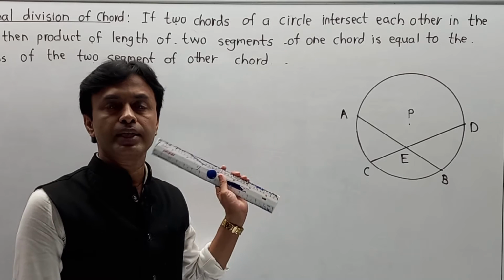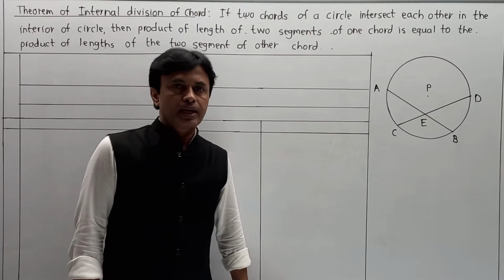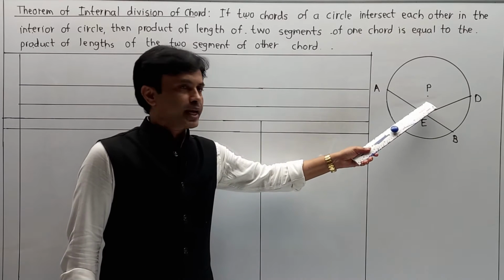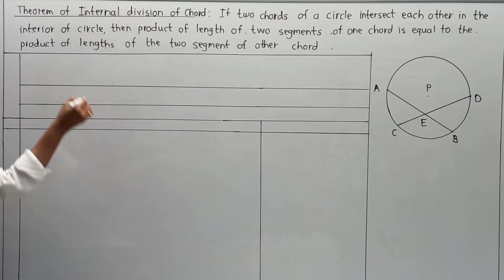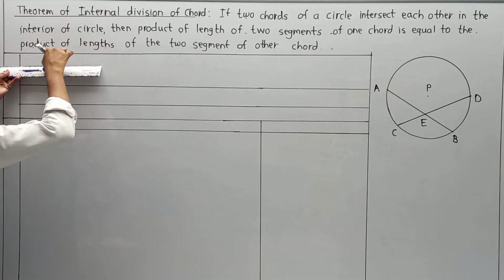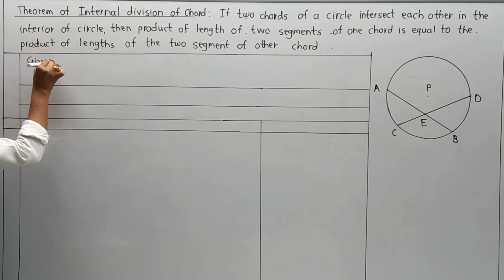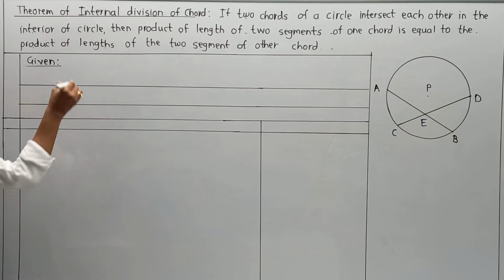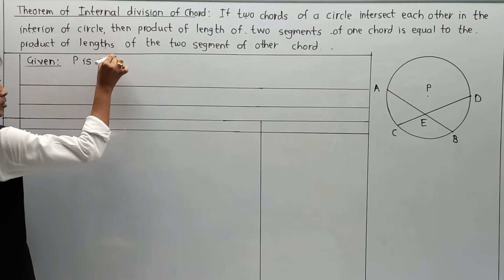So here I am going to write the entire answer in the form of number, statement and reasons. Now friends, as per the diagram we are going to write all the parts in given first. Given: P is the center of the circle.